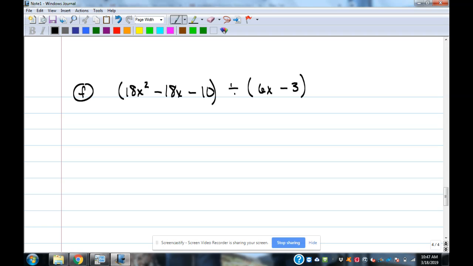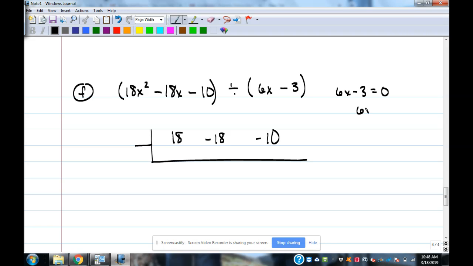Okay. Set up your synthetic. 18, -18, -10. And then what goes on the shelf for this one? When you set 6x minus 3 equal to 0, 6x equals 3, divided by 6. That reduces to 1/2.